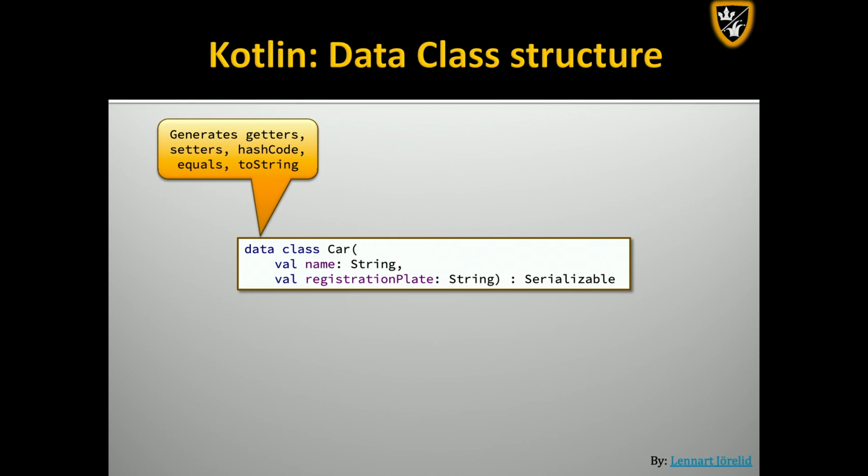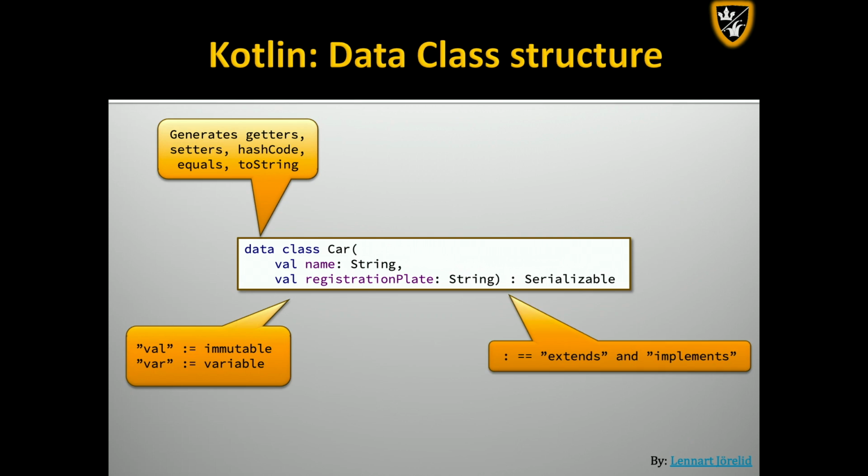So that would generate both the property, the private property called name and being a string, and the getter, because it's a val. So it's readable, but not writable, right? Because that's what we normally do in Java anyway. Only you have to write the text and maintain the text. So val is immutable and var is a variable.